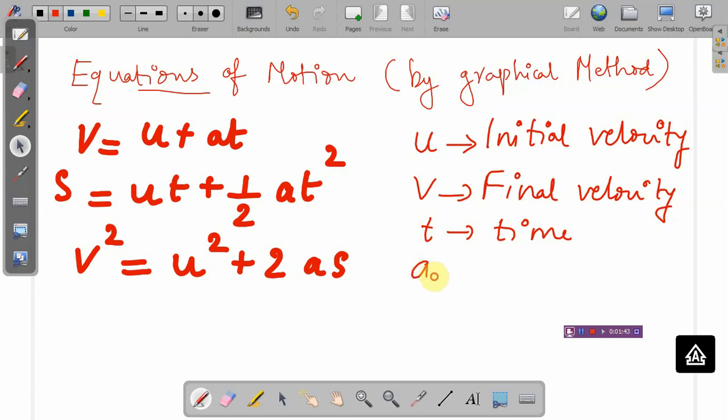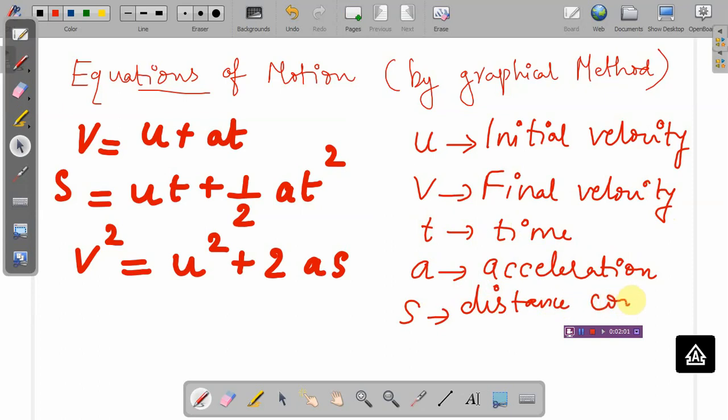A is acceleration. S is the distance covered. So we know the terms as well. Now we can derive one by one.